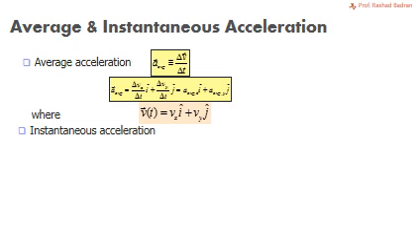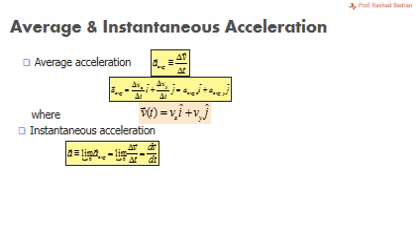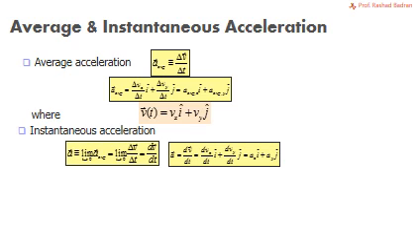And to define the instantaneous acceleration, the definition in the general form is the derivative of the velocity vector mentioned here with respect to time. If you take this derivative, you're also going to get two components: a sub x along the x-axis, which is the derivative of v sub x by dt, and also a sub y, which is the derivative of v sub y by dt.